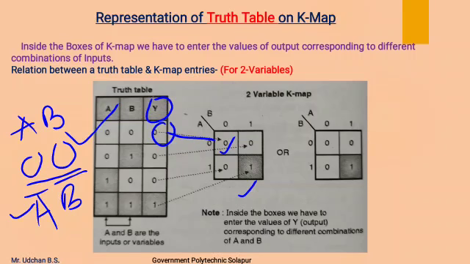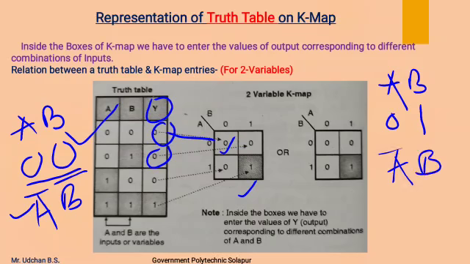After that the second output is also 0, for which the values of A and B are 0 1, that is A bar B. So the product term A bar B will appear over here, this is the position for 0 and 1. So this 0 is entered over here.